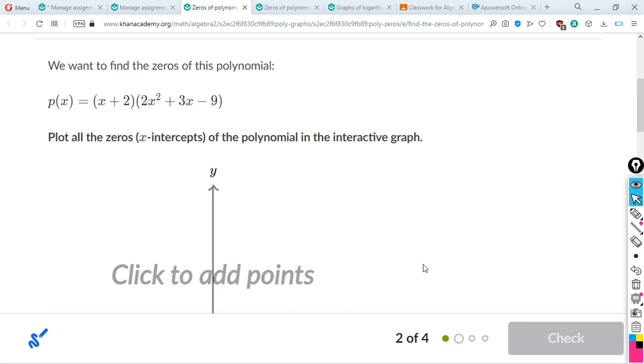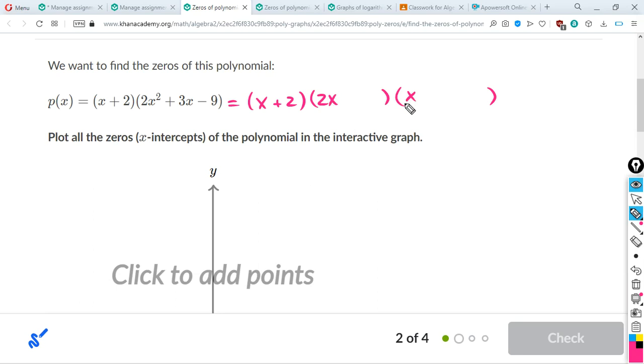All right, we want to find the zeros of this polynomial. Okay, so we're going to have to factor this. X plus 2 we can't factor. But for this one here, since it's 2x squared, I know this has to be 2x and x, right?